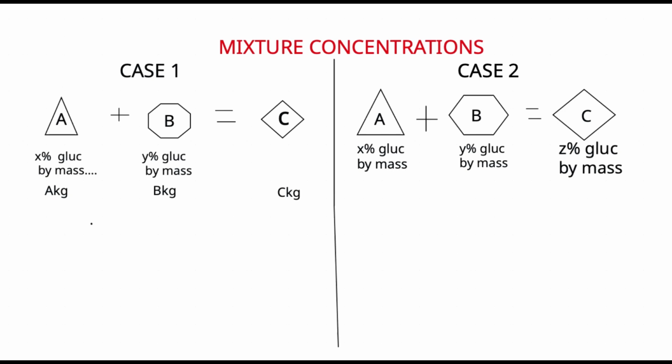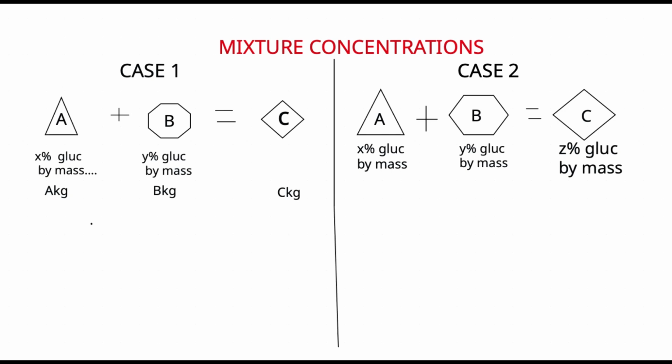You are given the percent composition of your first solution, the percent composition of the second solution, the masses of both, and also the mass of the final solution. So these 5 variables are what you need to set up an equation for this situation. Usually in a question, you will be given 4 of these variables, and you'll be asked to find the fifth one.